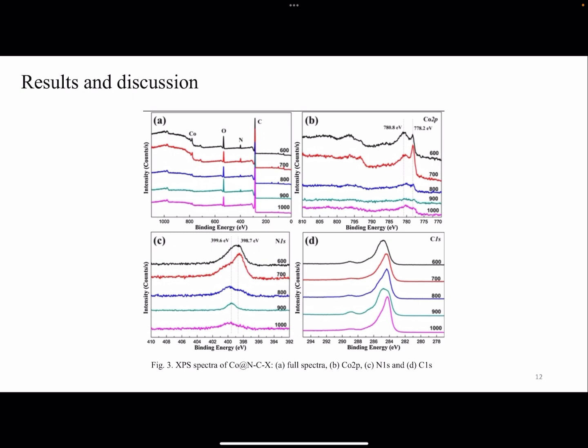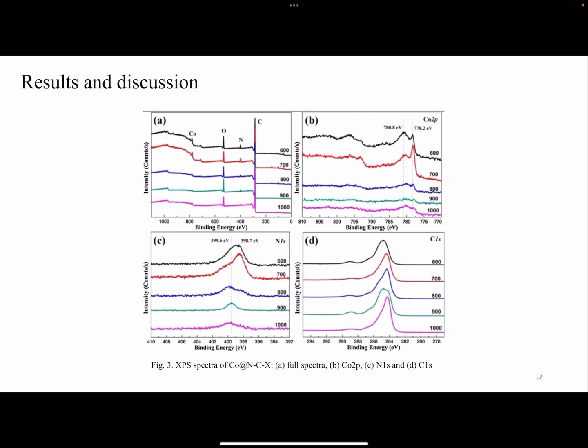And if we look closely at the cobalt 2p spectra in image B, we can see two distinct peaks. The peak at 778.2 eV represents metallic cobalt, while the peak at 780.8 eV is assigned to the Co-NC species.